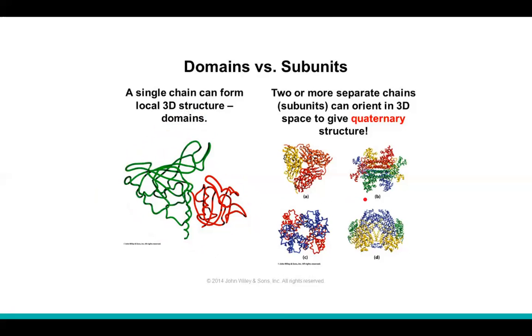Whereas in this diagram here, you have 3 subunits: the red, the yellow, the orange, and they combine together to make one mega molecule, one mega protein. So yeah, hopefully that makes some sense. Does anyone have any questions?